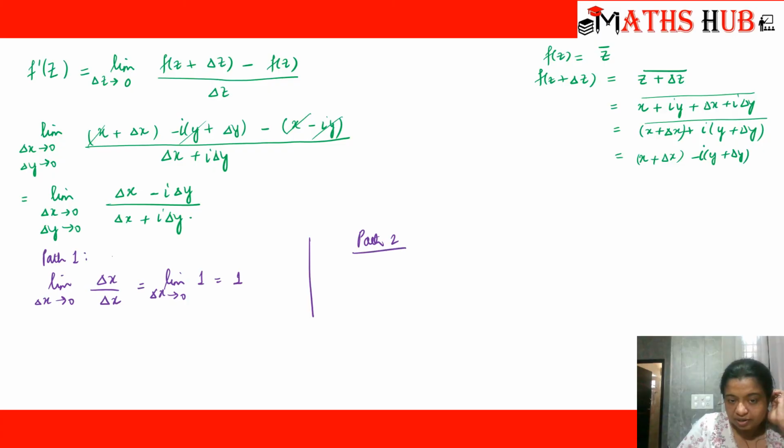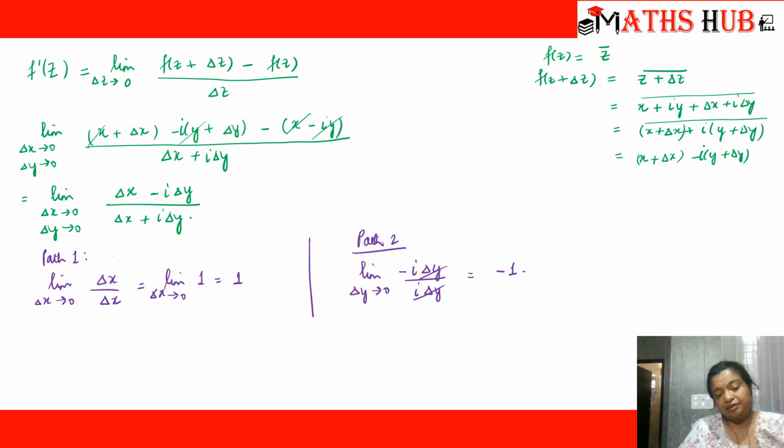Now let us put delta x approaches 0 first. So I will get minus iota delta y divided by iota delta y. So that will be minus 1, right? So you can see that the function is not differentiable.